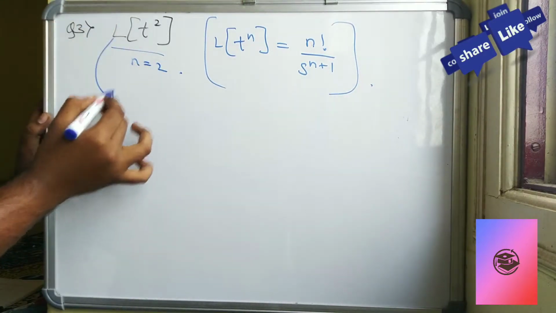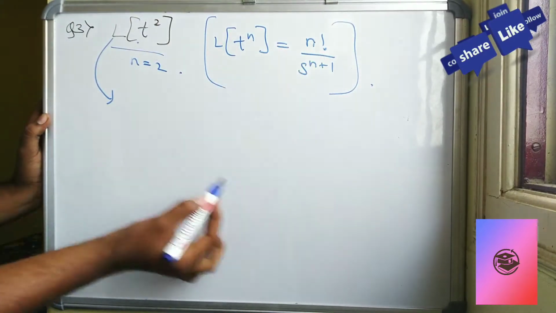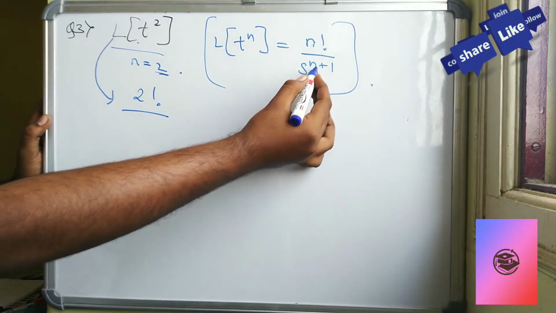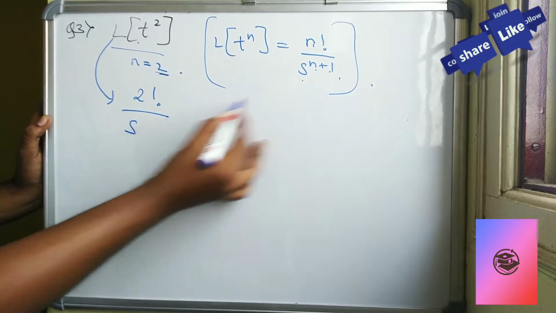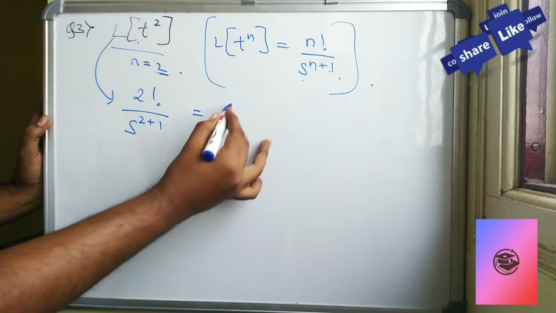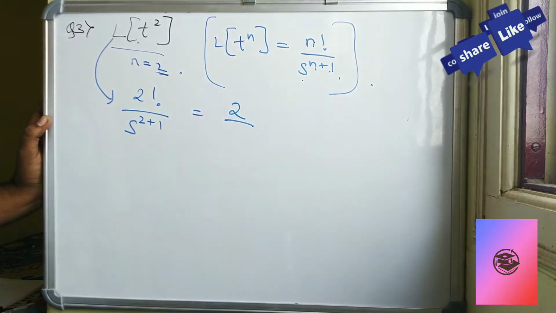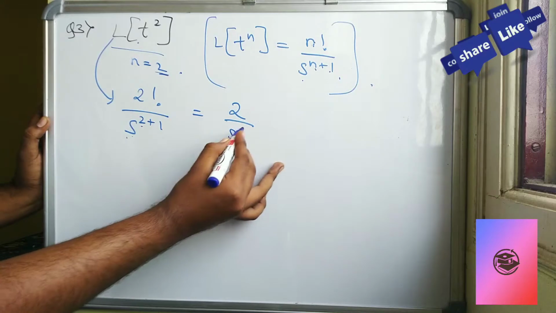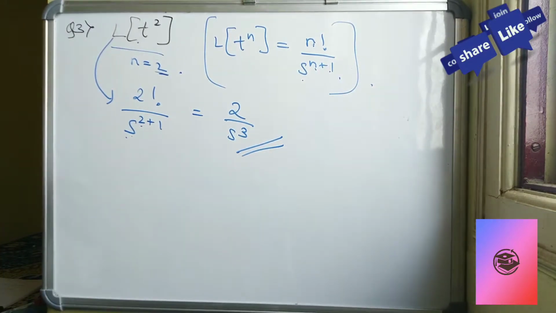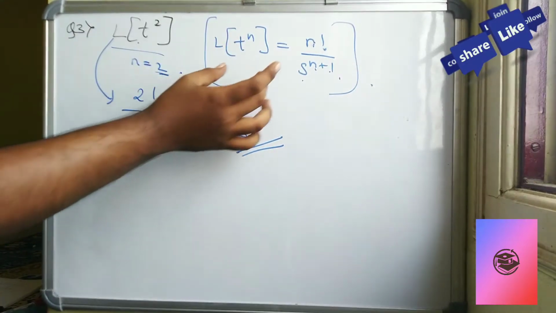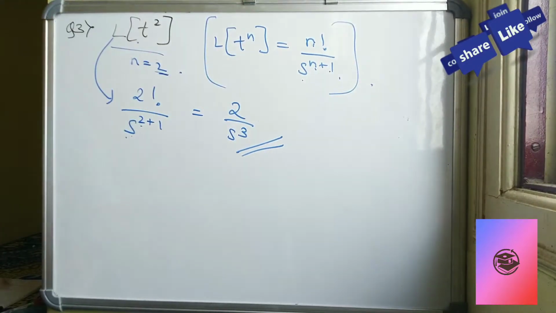The Laplace transform of t power 2 will be n factorial, that is 2 factorial, by s raised to n plus 1, that is s raised to 2 plus 1. 2 factorial means 2 only, and s raised to 2 plus 1 is s raised to 3. So the answer is 2 by s cubed. Simple question. Try to compare the standard formulas with the question.